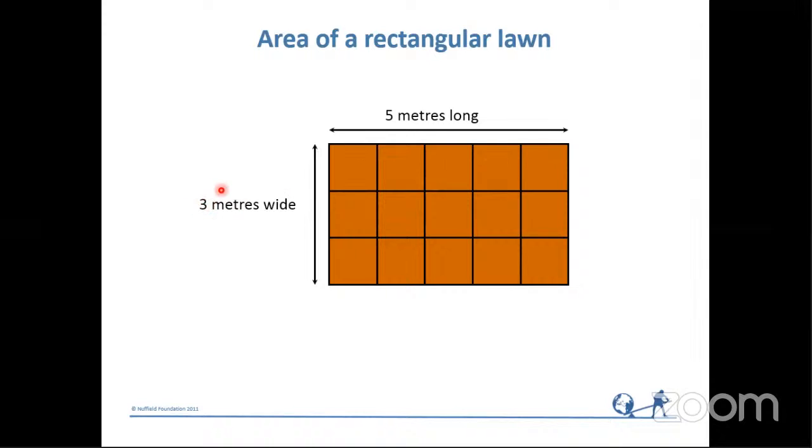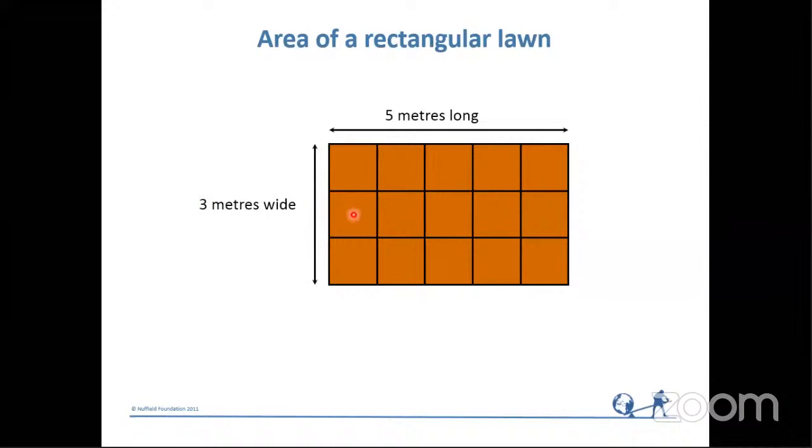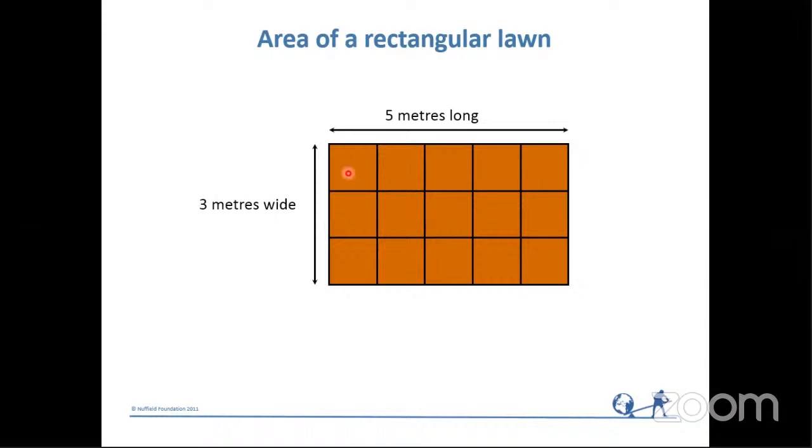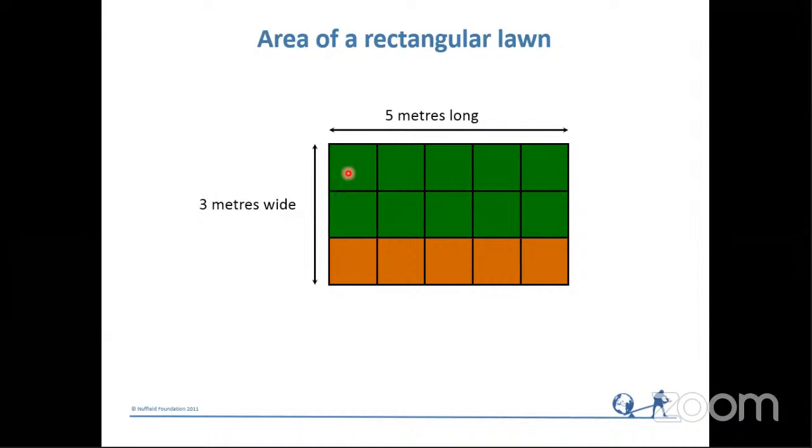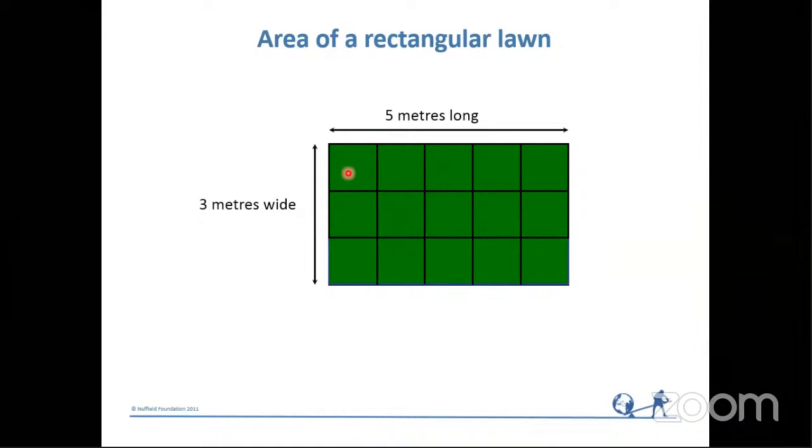Then here we divided 3 into 3, which are still giving us 1 meter, 1 meter. So if we counted these inside boxes, they would give us the area as well. So that is the first one, the second one, 3, 4, 5. Then we'd add another 5 to give us 10, and add another 5 to give us 15. So the area would be 15.